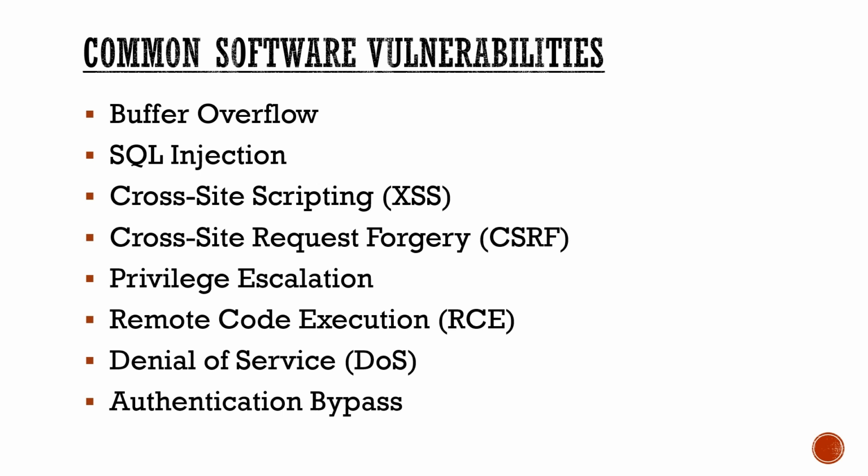Okay, so to mitigate software vulnerabilities, developers should follow secure coding practices, regularly update software with patches and security fixes, conduct security audits and code reviews, and employ various security tools and techniques.